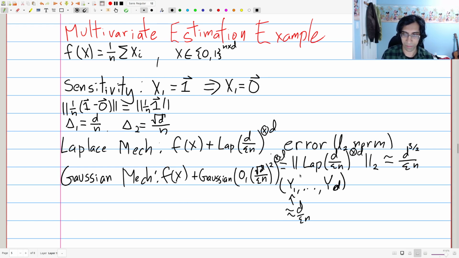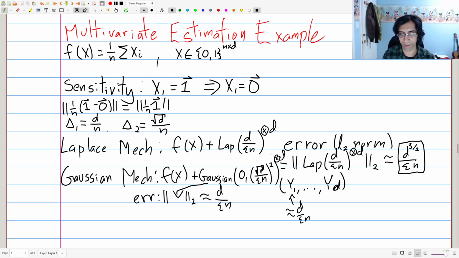In a similar way, the overall error for the Gaussian mechanism will be the magnitude of this Gaussian noise in L2 norm, which is roughly d over epsilon n.